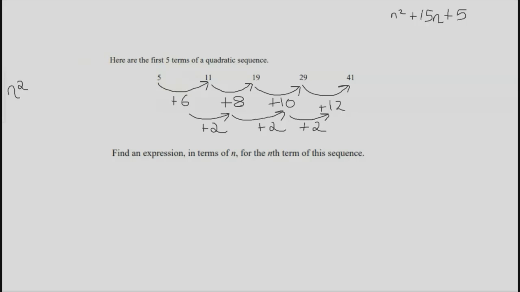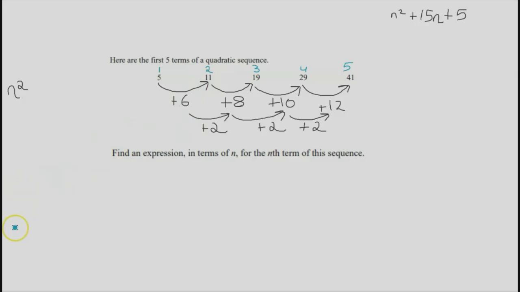I'll do this in a different colour. These are the term numbers, and we're just going to sub each of these into this n. So for the first one, n would equal 1, for the second one, n would equal 2, and I'll do this right down here.